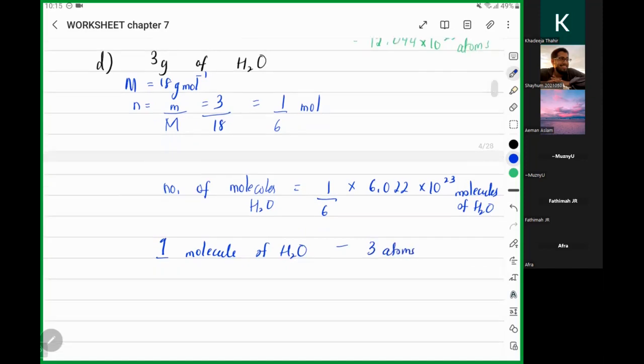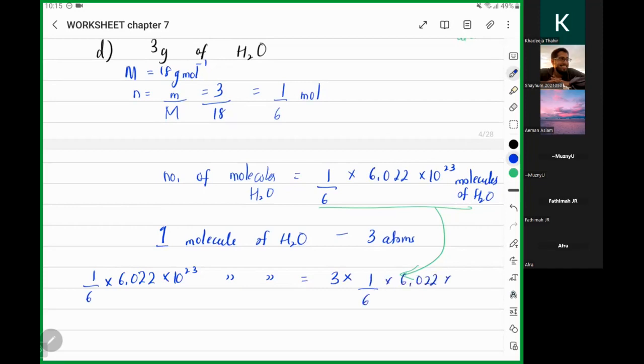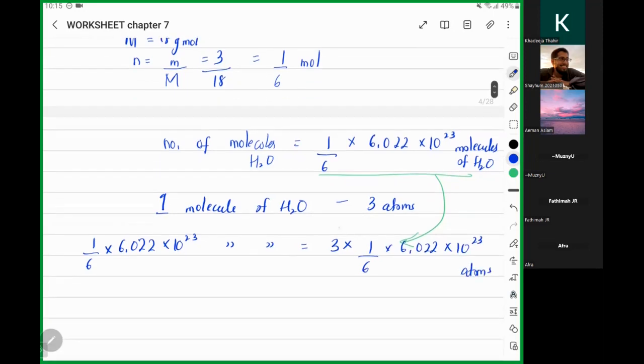So if you want to find for this, 1/6 into this value will be thrice of that, no? Correct? So if you take it as thrice of that, you get 3.011 into 10 to the power 23 atoms.